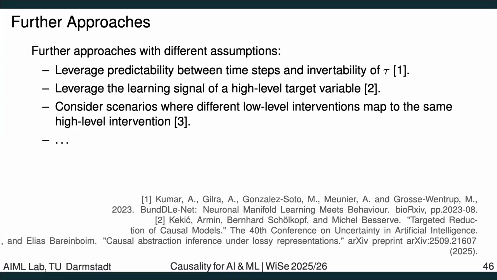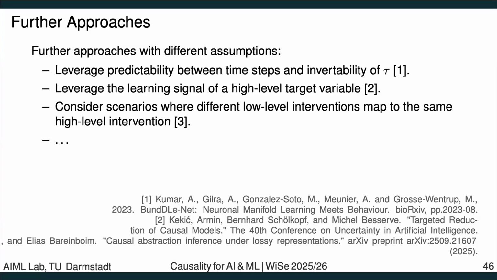Another thing is that you can leverage some learning signal of a target variable in your high level. So maybe you say, okay, I abstract low-level data to my high-level model. I don't know what it looks like, but I know at least one variable, maybe some class or some value, that I want to regress.